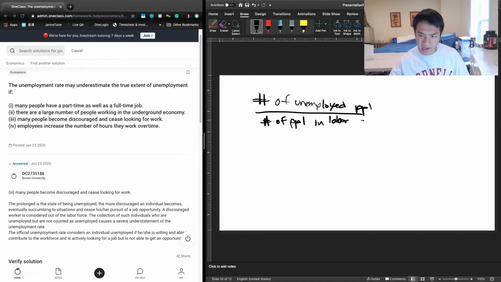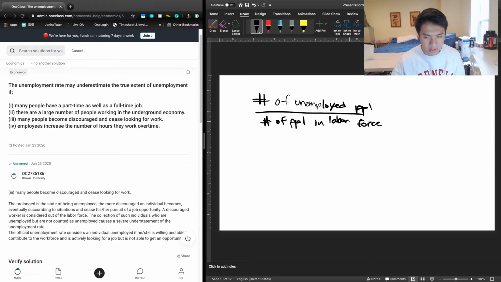So note that it's a proportion out of the number of people in the labor force and not the proportion of people in the entire country. And so what this question is going to ask us is, how do we characterize people who are in the labor force?